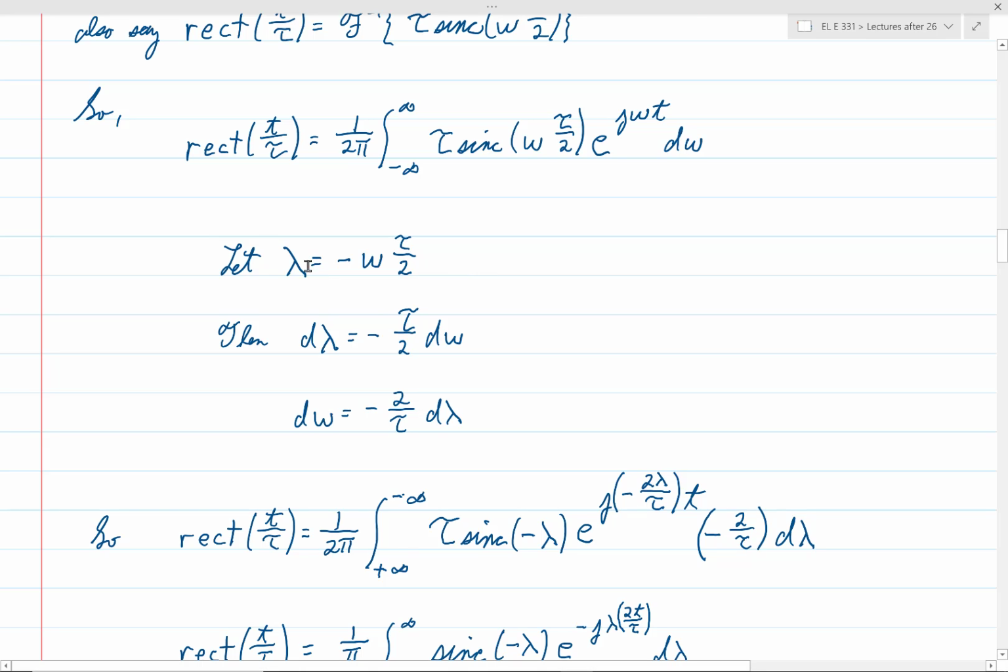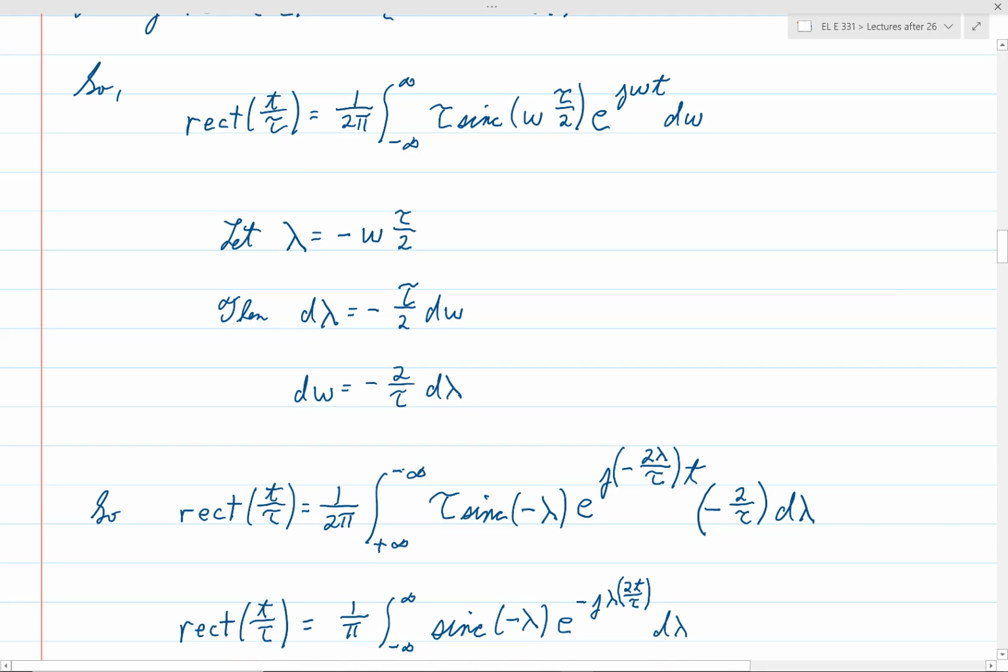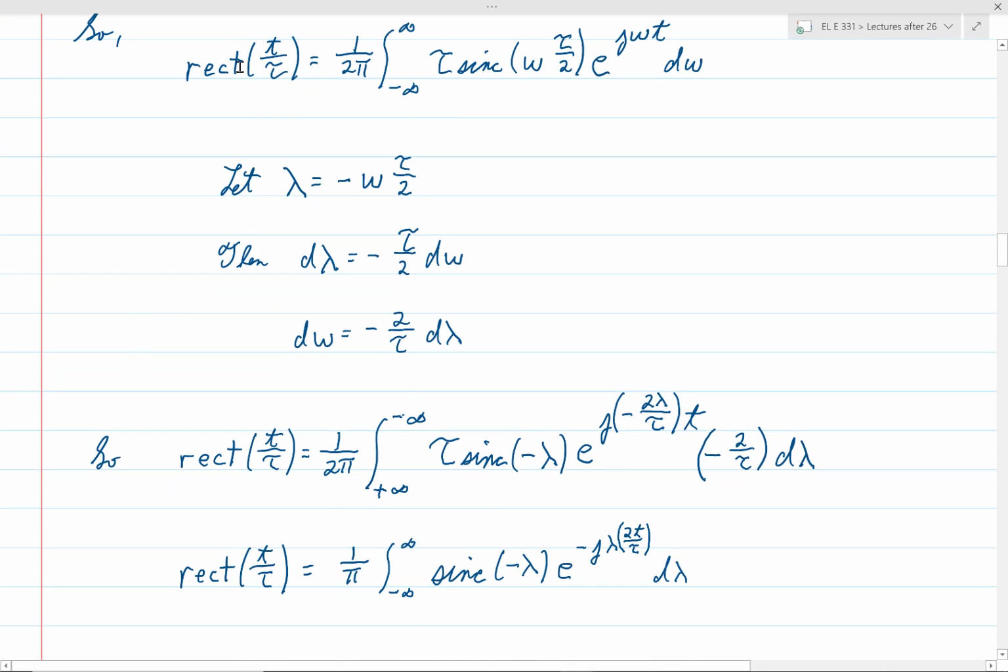Well, if lambda is minus omega tau over 2, then d lambda is minus tau over 2 d omega, which of course means that d omega is minus 2 over tau d lambda. So now, substituting into this equation, we still have this rect of t over tau on the left-hand side, and we still have the 1 over 2 pi. And now notice, we have to be careful.